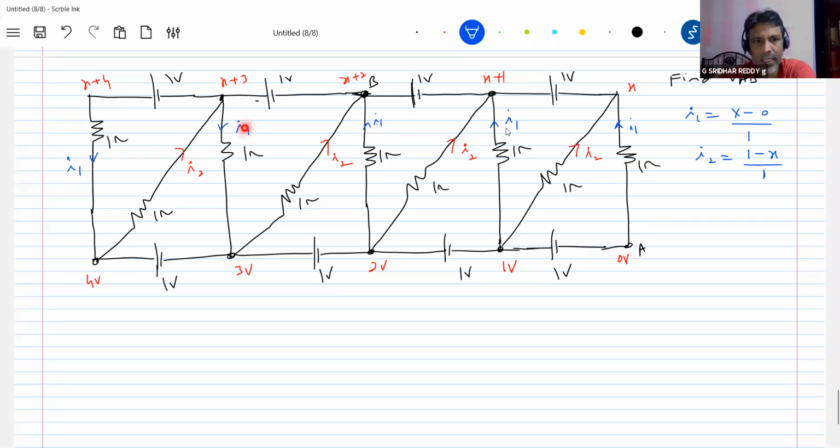I can write the equations easily. That will be I1.